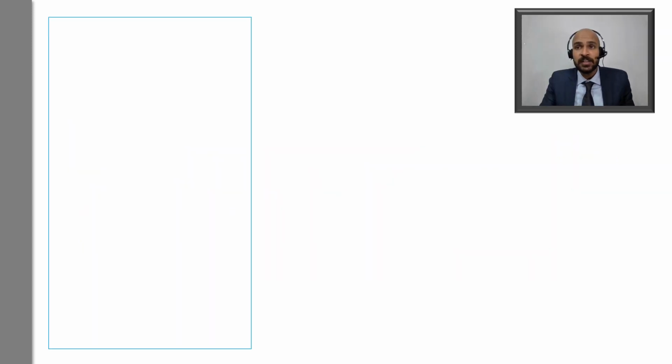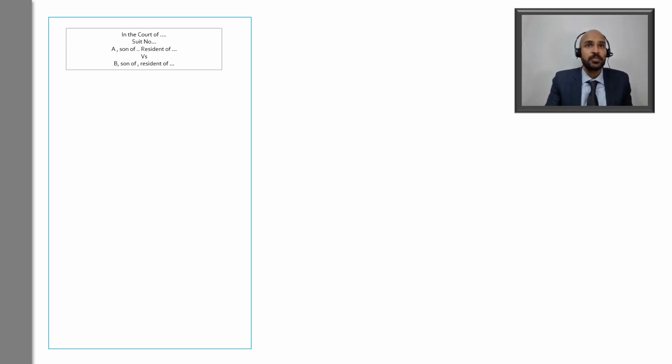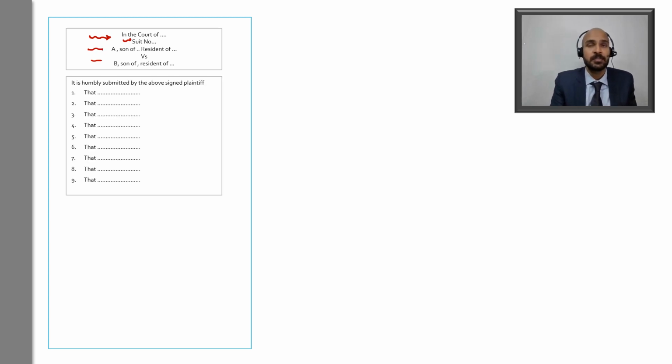So let us now finally once again look at the contents of the plaint. The first part of it consists of mentioning the court, the suit number, and specifying the parties. Next, since this is the plaint, these are the submissions of the plaintiff, and the plaintiff submits the material facts. Remember to also include the points relating to when the cause of action arose.